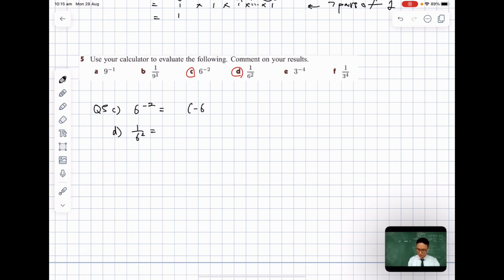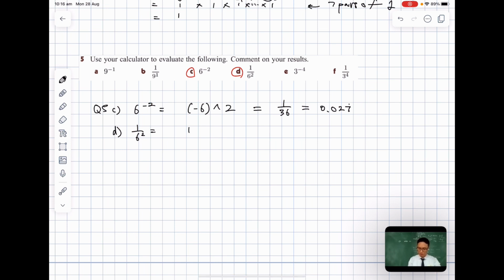If you use a calculator, you will type in -6 to the power of 2. On your calculator, if you try, the answer will be 1/36, or the calculator might say 1/36 in decimals, which would be 0.027 recurring.